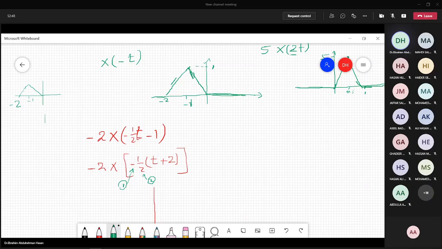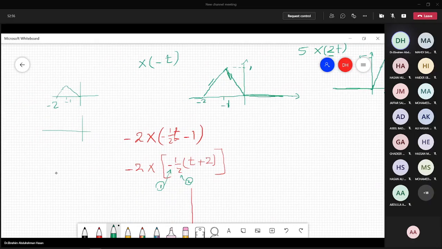So if you expand this one, then it will be like this. Instead of having until -2, then we expanded by 2, then it becomes -4. So expand by 2.